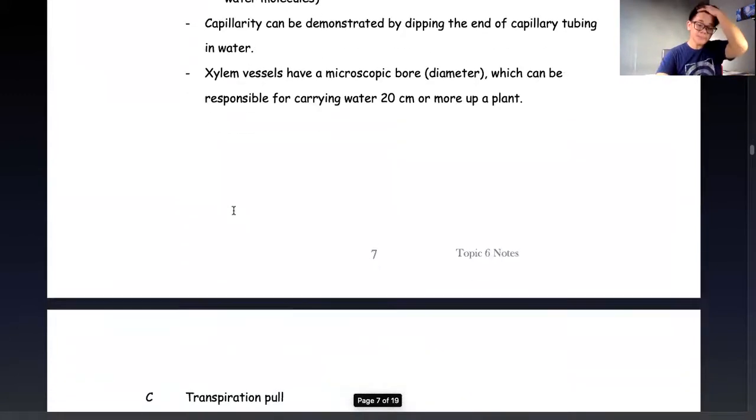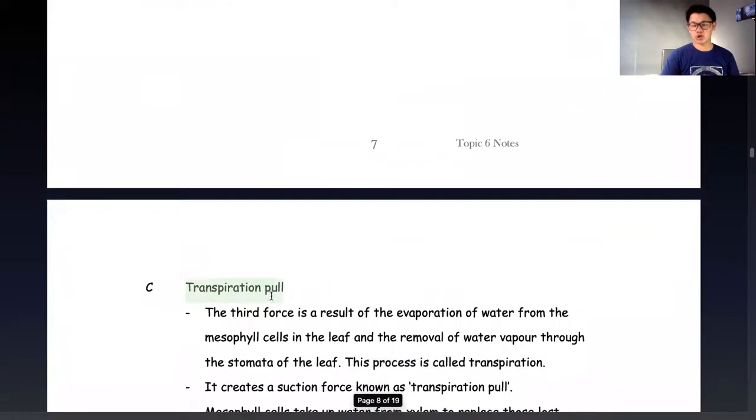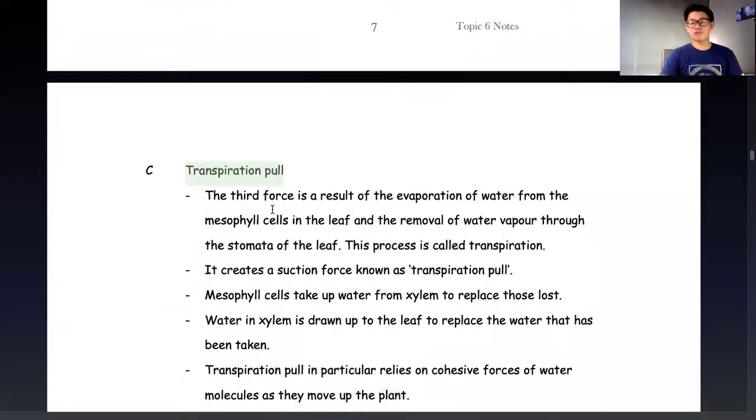And lastly is what we call transpiration pull. This is perhaps the largest force, the main force responsible for driving the movement of water up the xylem, resulting in most of the upward movement of water.